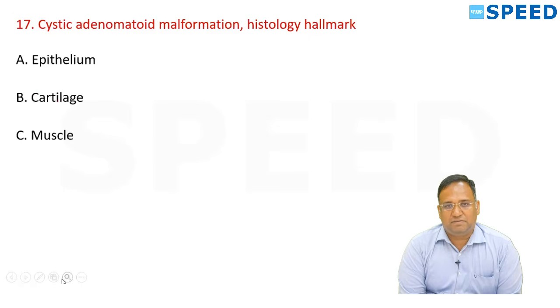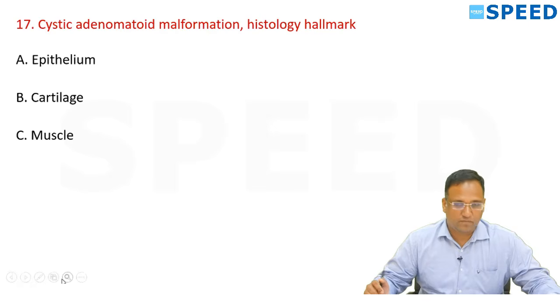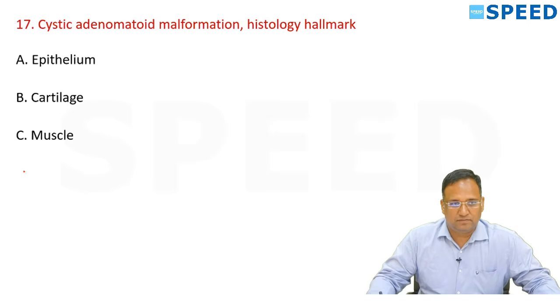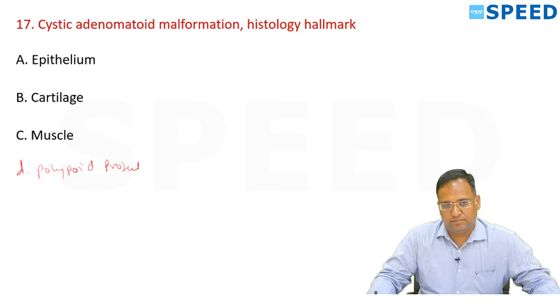Cystic adenomatoid malformation, histological hallmark. Yes, please. What's the answer? Polypoid projection of mucosa. Smooth muscle. And cartilage was in one option, is it?